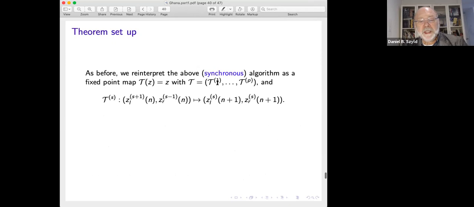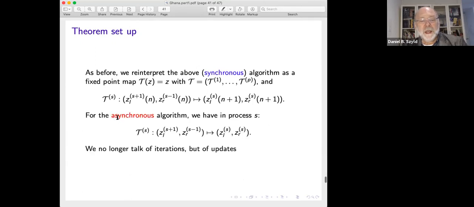Again, we reinterpret this synchronous algorithm as a fixed point map from boundary to boundaries. And for the asynchronous, we just keep going without thinking of iterations. The concept of iterations loses its meaning because I'm a processor, I update, maybe I do it 3 times, the other processor 5 times. So every time I finish, I update.